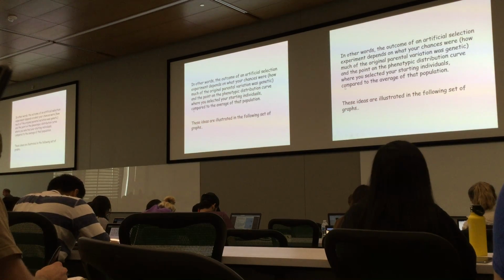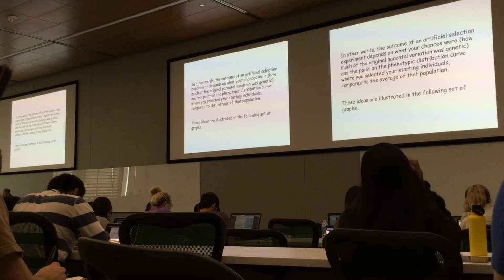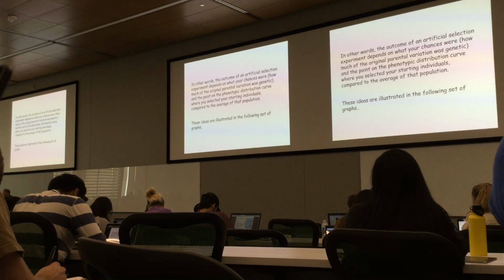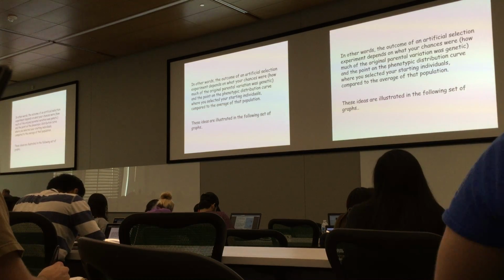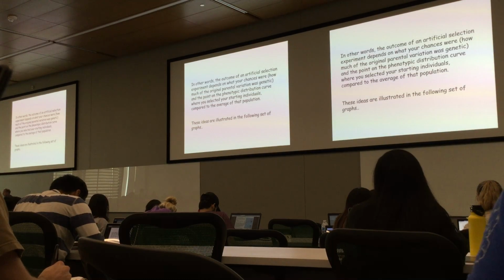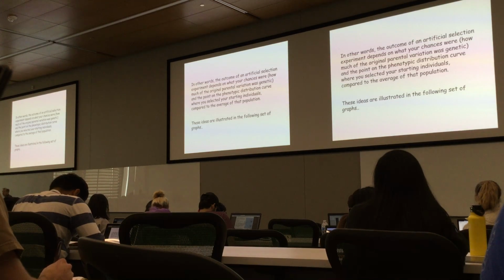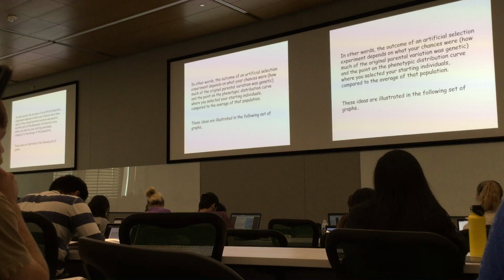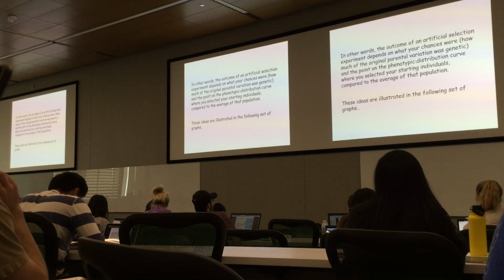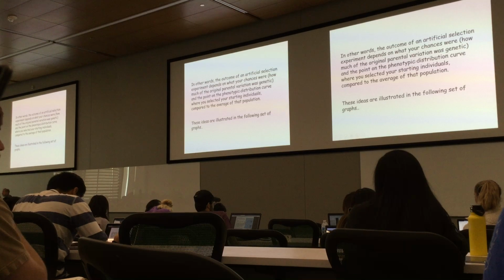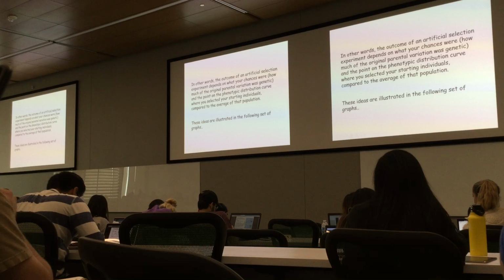In words, the outcome of an artificial selection experiment depends on what your chances were, that is, how much of that trait is due to some additive genetic component, and the point on the phenotypic distribution curve where you selected individuals in your artificial selection experiment.